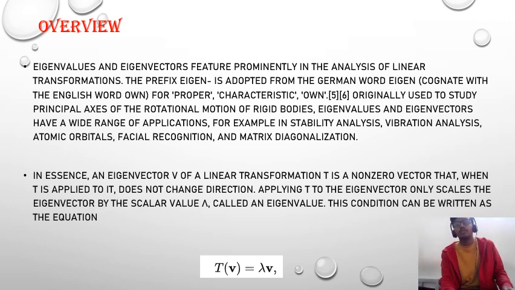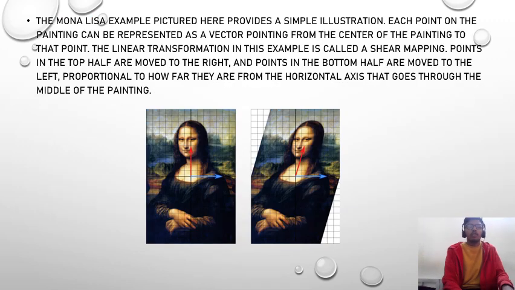Applying T to the eigenvector only scales the eigenvector by the scalar value called an eigenvalue. This condition can be written as the equation T of v is equal to lambda v. The Mona Lisa example picture here provides a simple illustration.